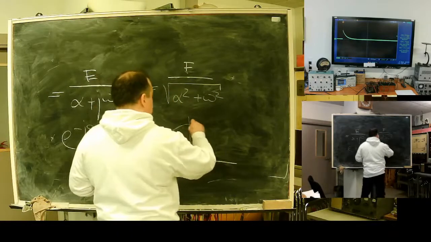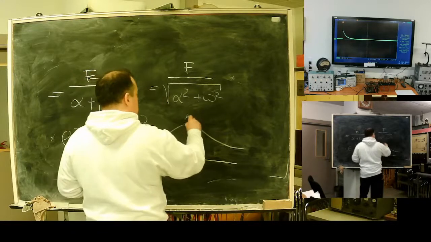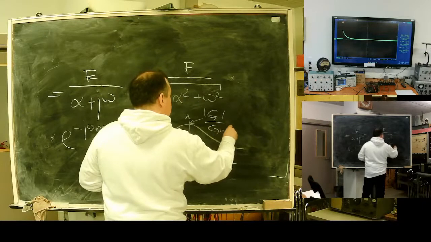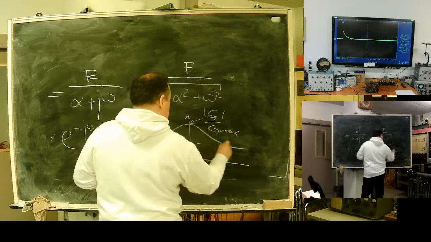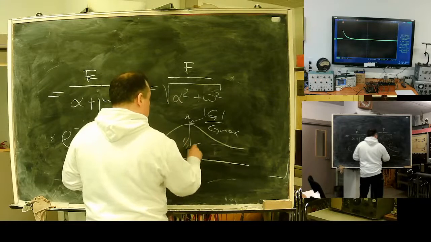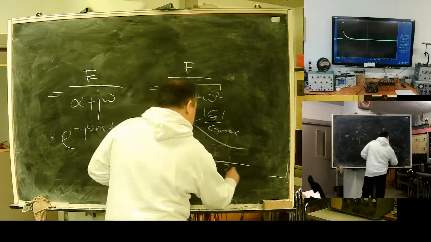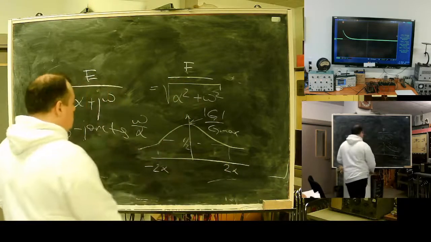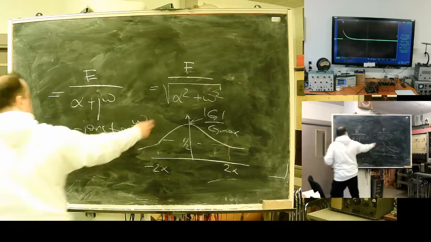The absolute value of it looks approximately like this. It will be the spectral function divided by its maximum, and it reaches 1/2 at the point omega equals alpha. Approximately like this.